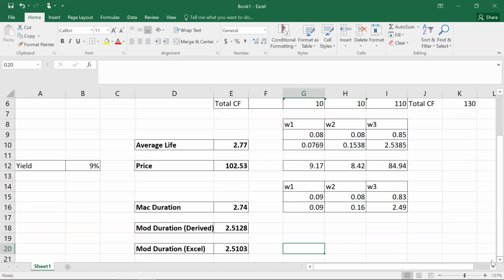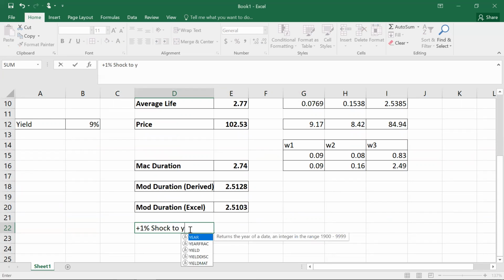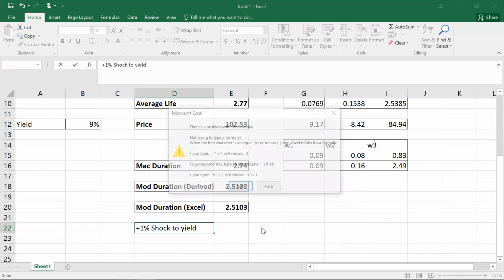So first, give a plus 1% shock to yield and find out the price.